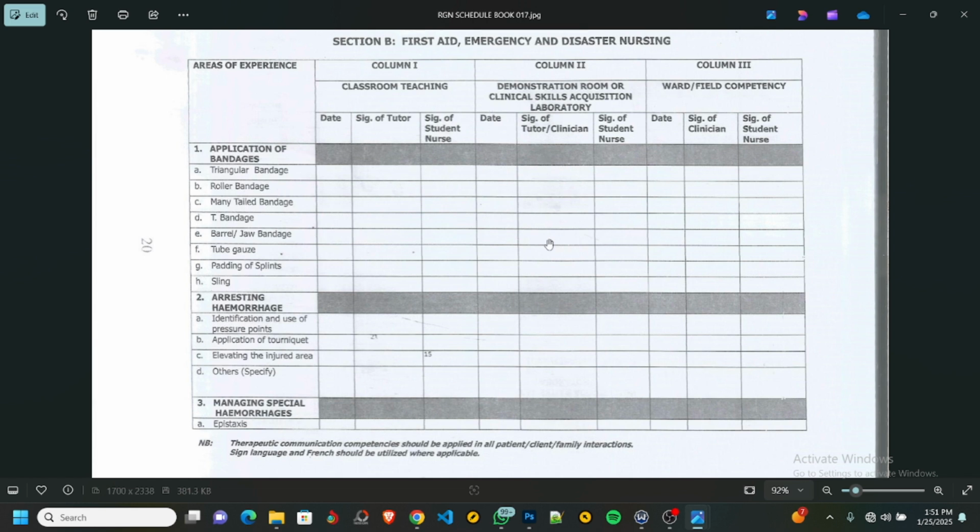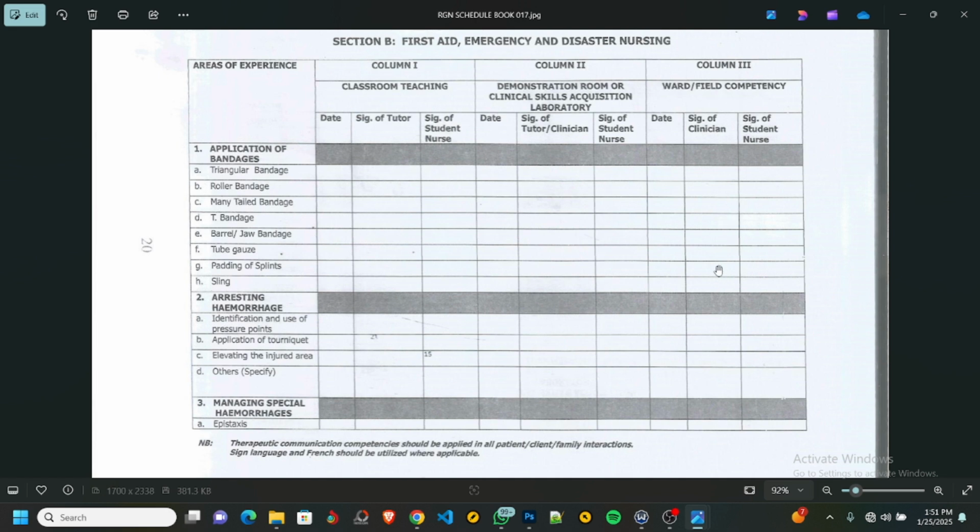So even if your clinical attachment area is not suitable enough for you to see some of these things, ensure that you question the tutors, you approach the tutors so that they'll be able to help you and take you through some of these things, and then you'll be able to completely sign it. Then we do the same thing for that of the field or ward competency.